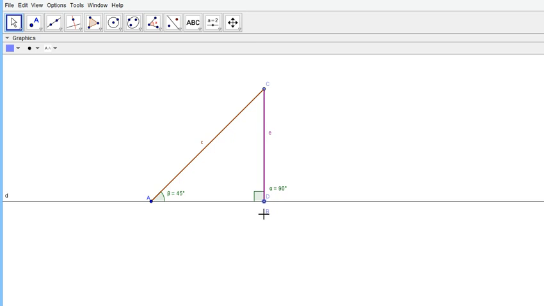So if we have a hypotenuse and a leg of any right triangle, then we have the hypotenuse leg theorem. And on any right triangle, if the hypotenuse and one of the legs are congruent, okay, then the two triangles are going to be congruent.